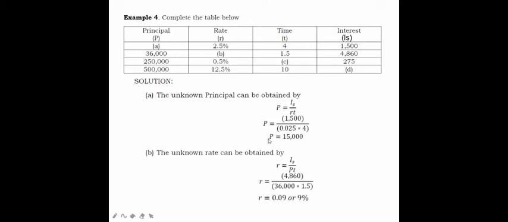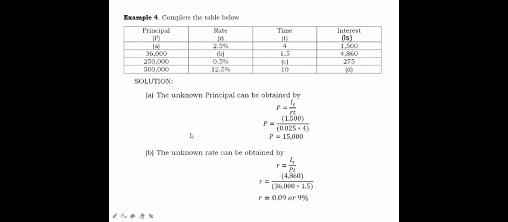Then we get P equals 15,000. So the principal amount is 15,000. After 4 years, the interest becomes 1,500 with the rate of 2.5%.